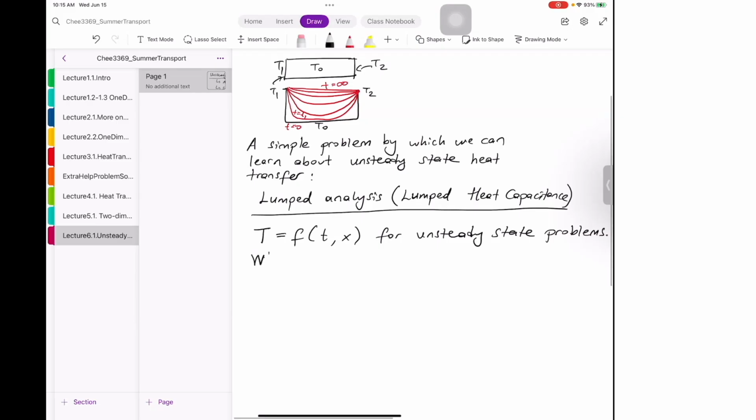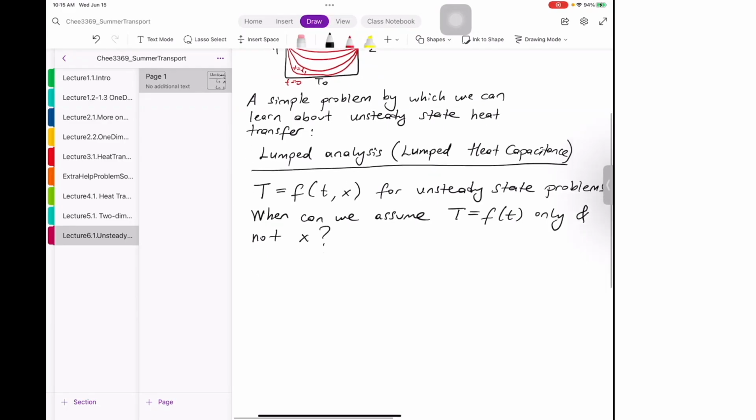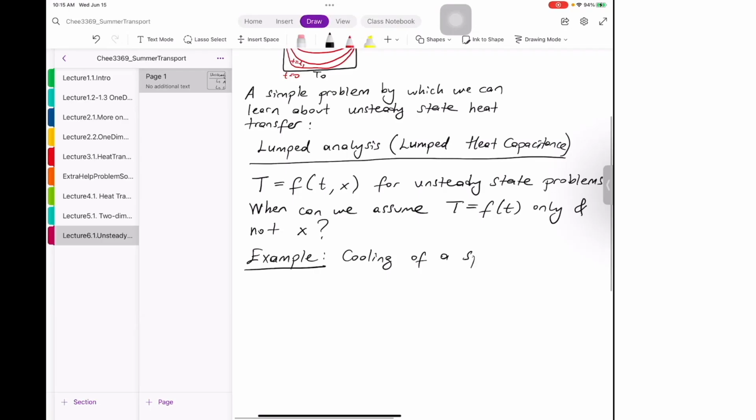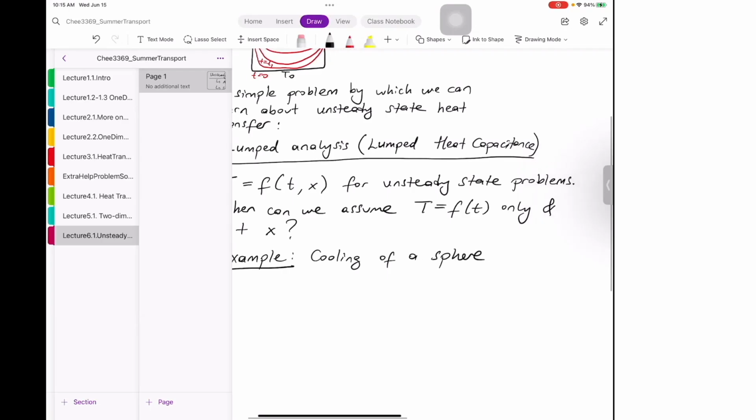So the question we should ask is, when can we assume temperature is a function of time only and not x? Okay. And to outline this question and to tackle how to answer it, let's go with the following simple example. Cooling of a sphere in stirred liquid.